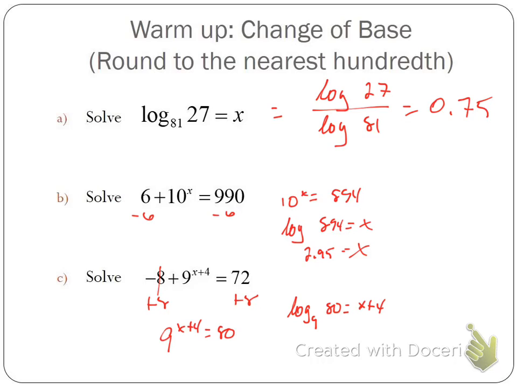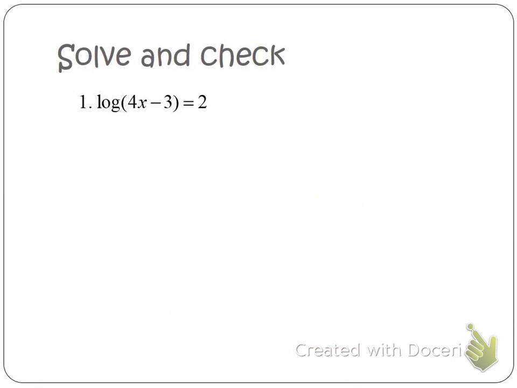So we take log of 80 divided by log of 9. Remember, change of base. And then subtract 4 from that value. And we get negative 2.01. Okay? All right.